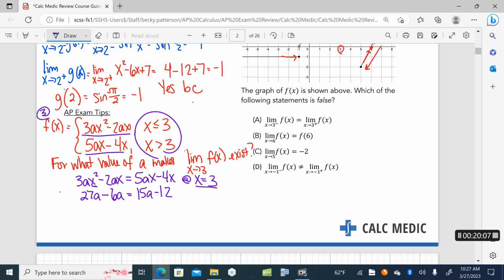And 27a minus 6a is 21a. Subtract the 15a, so 6a equals negative 12. So a equals negative 2. It didn't ask me to justify anything. It just said for what value of a. So I found it.